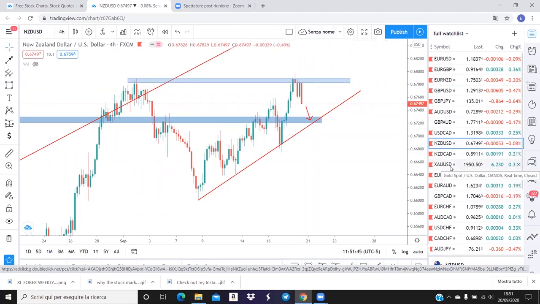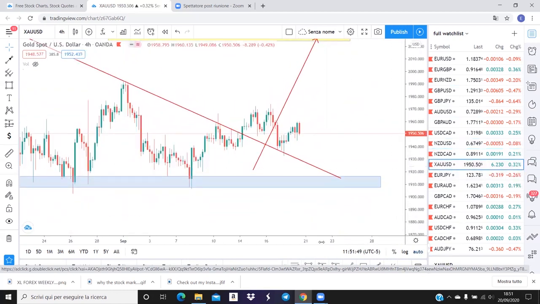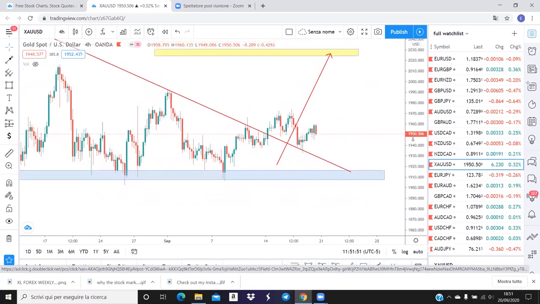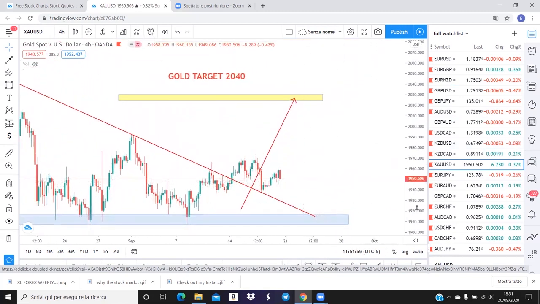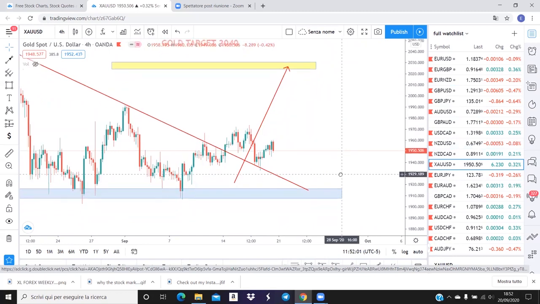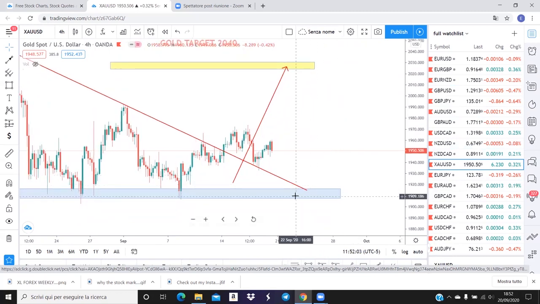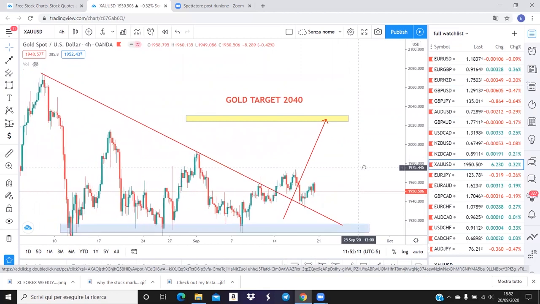Next pair, highly requested, is gold. There are many opinions on social media about gold, but at the moment I am 100% bullish. Of course, I'm not saying that from here we will just go to the upside. We could go and retest the 1910 level, but I believe that in the long run we are 100% bullish on gold.